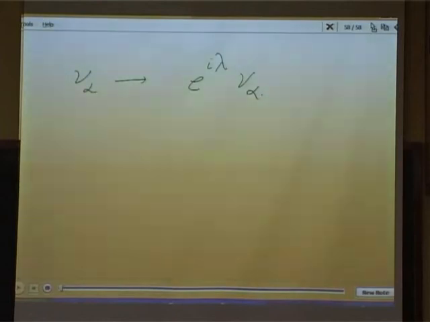If I transform like this, then it means that my U_PMNS has to change by some phase. So my U alpha i becomes e to the power plus i lambda times U alpha i, because nu alpha is U alpha i times nu i.